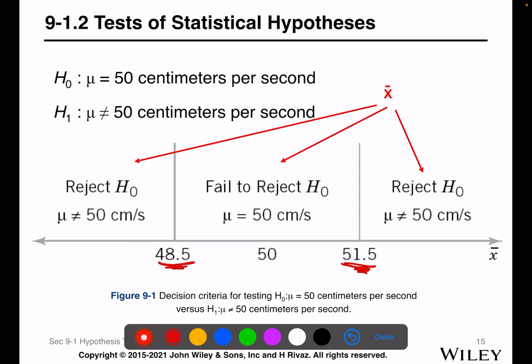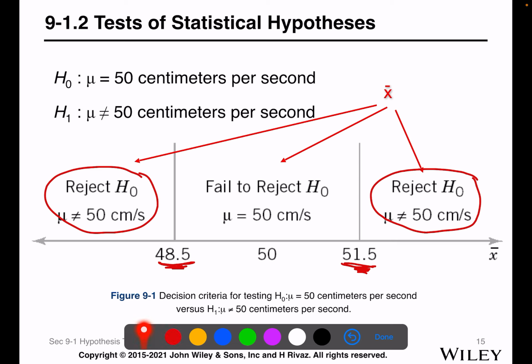And if X bar falls here or here, we say that we reject H0, right? So if X bar is outside of this region, we say that we reject H0. And if it happens to be close to 50, the correct statement is that we fail to reject H0.